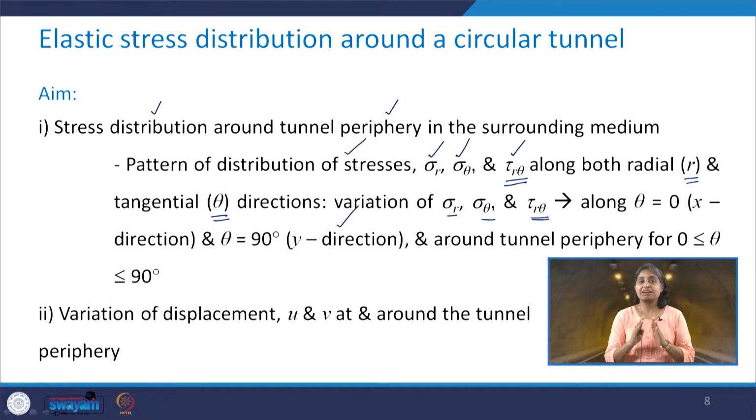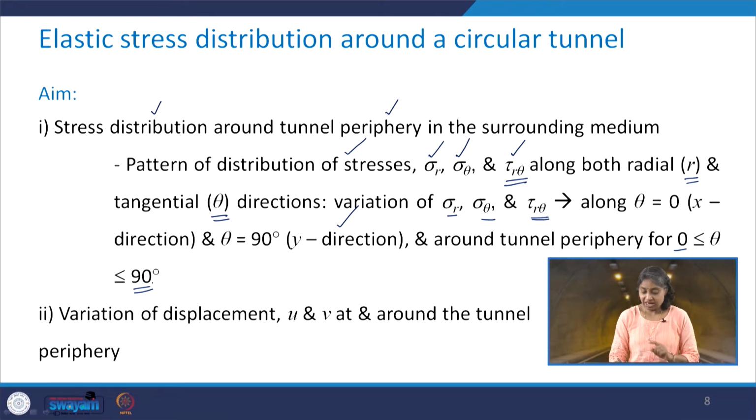Since the geometry is symmetric, loading condition is symmetric, and boundary conditions are also symmetric, if I take 1/4 of the tunnel and vary theta from 0 to 90 degree, I am going to get the symmetrical response in the other 3 quadrants.